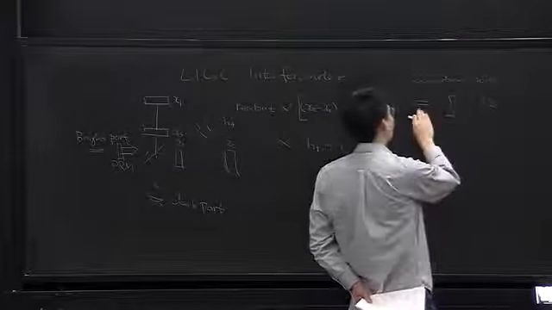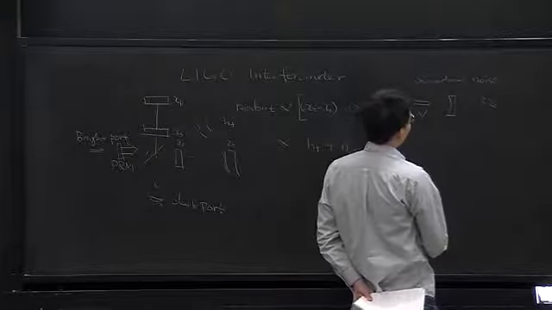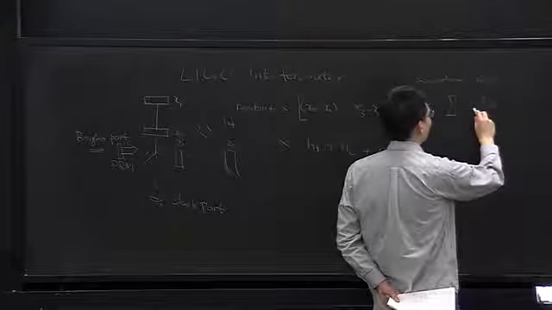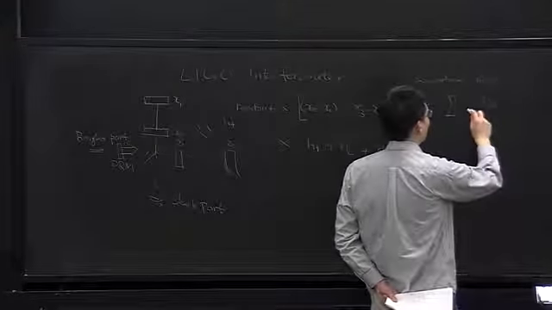Then you have m photons, so the total accuracy will be delta x0 divided by square root of m. Let me call it delta x short. So this is the so-called quantum shot noise.